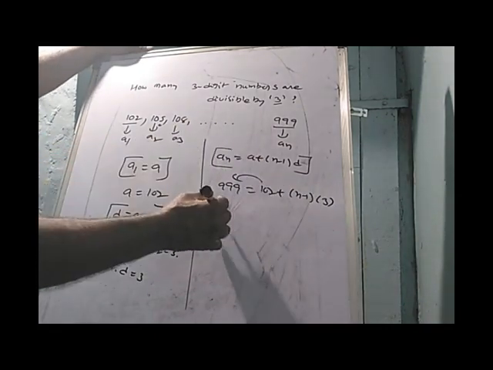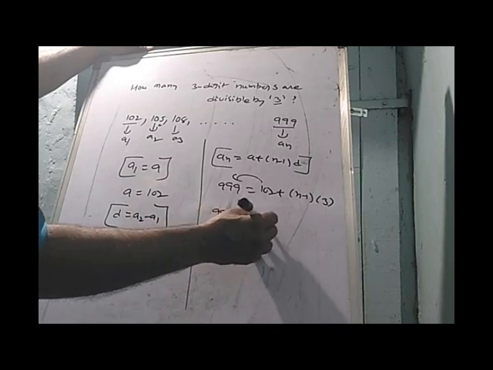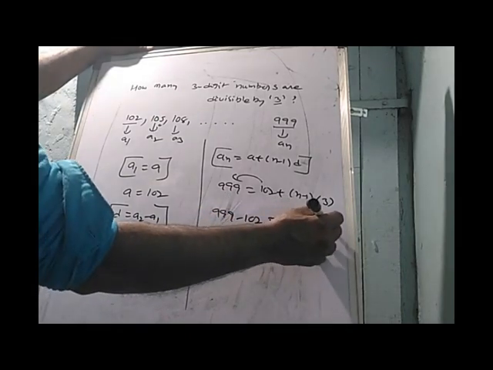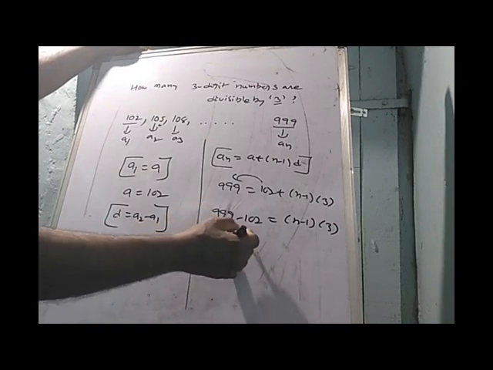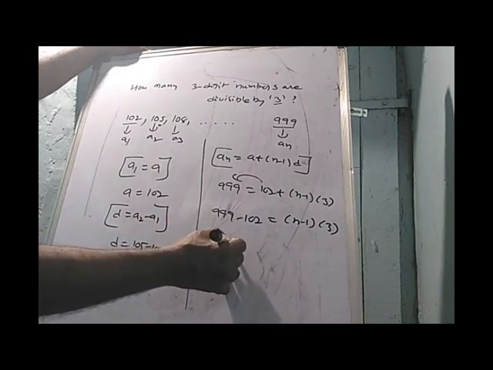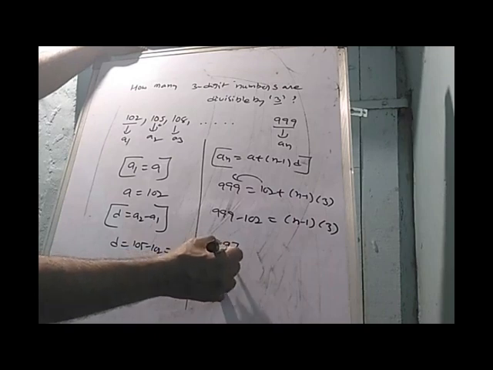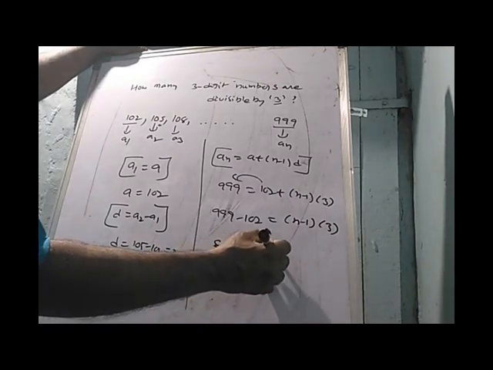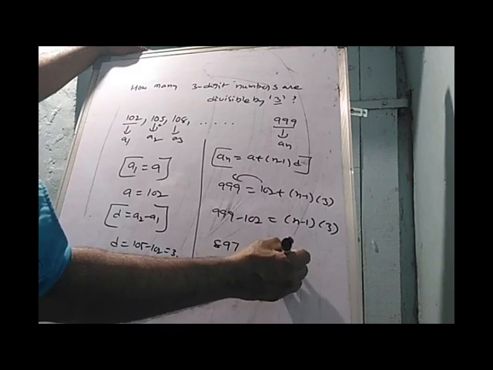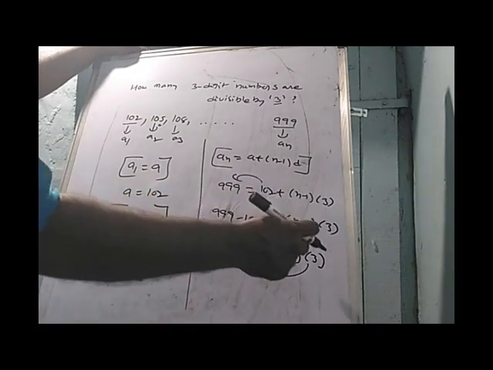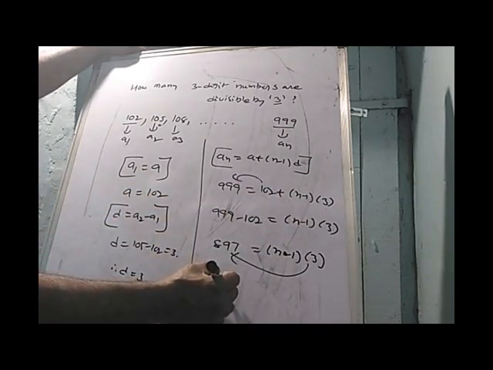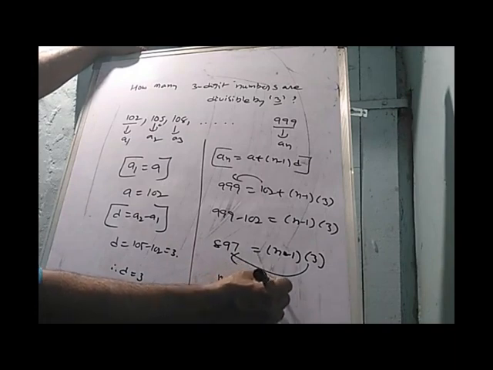Transposing 102, the plus quantity becomes minus. So n minus 1 into 3 equals 999 minus 102, which is 897. Here n minus 1 into 3, multiplying quantity becomes division, so n minus 1 equals 897 by 3.